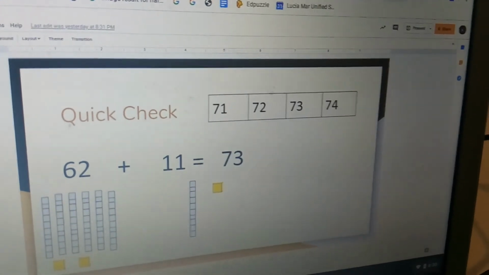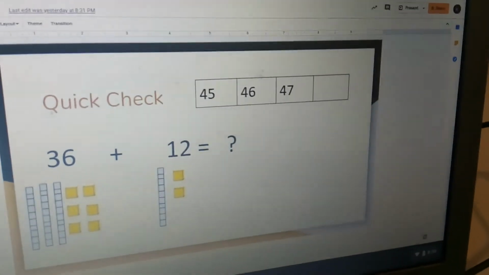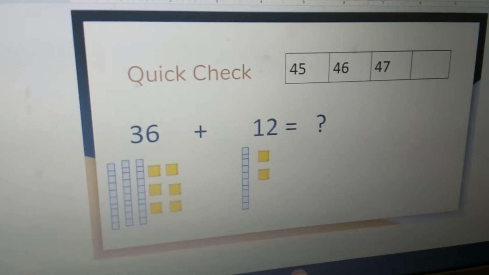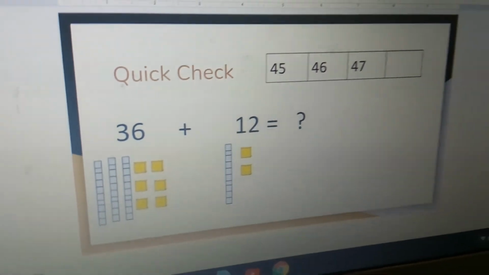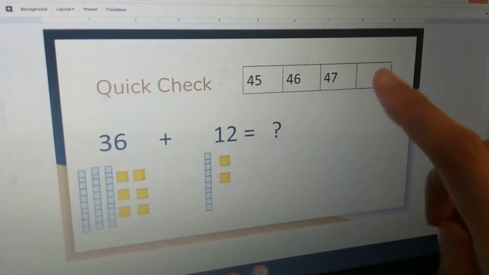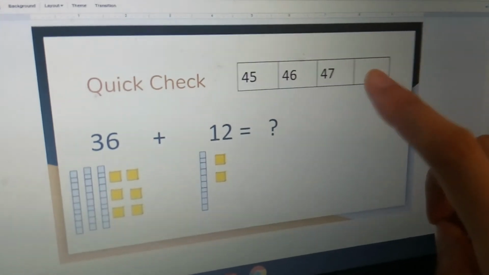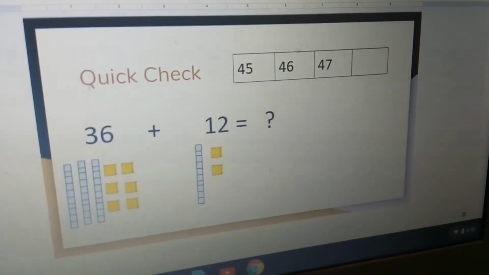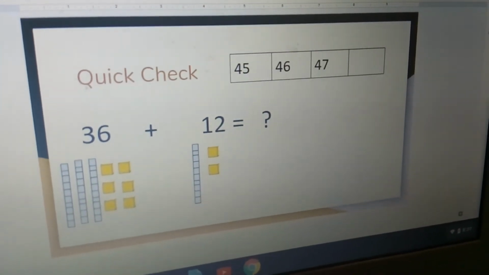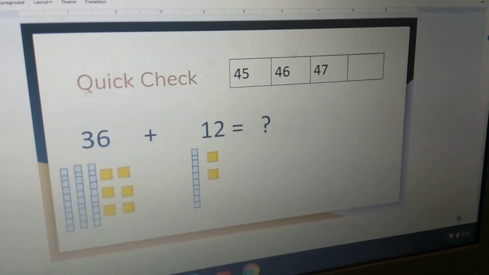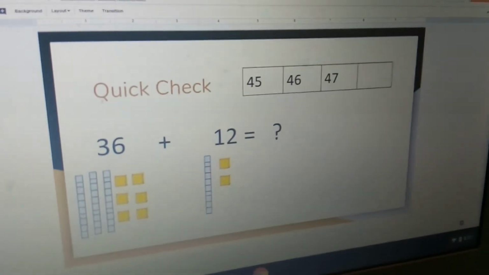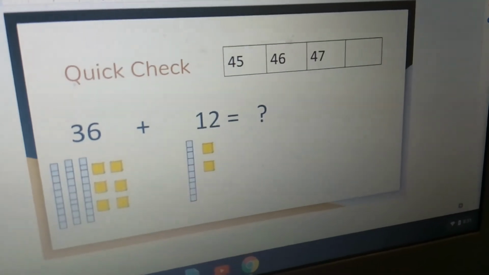All right, let's look at another one. How about 36 plus 12? What is the sum, or what is the missing number that needs to go at the end box? Let's take a look.